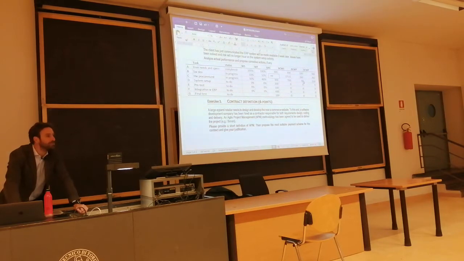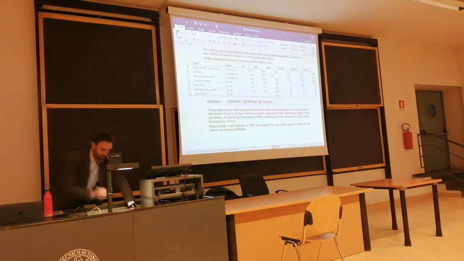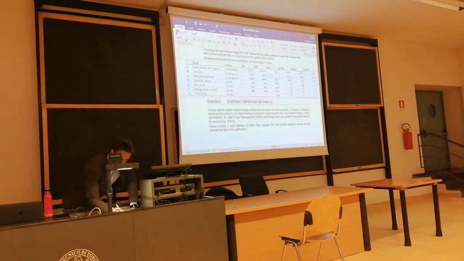Am I right? Is this equal to this in total? So cost index equals 1.